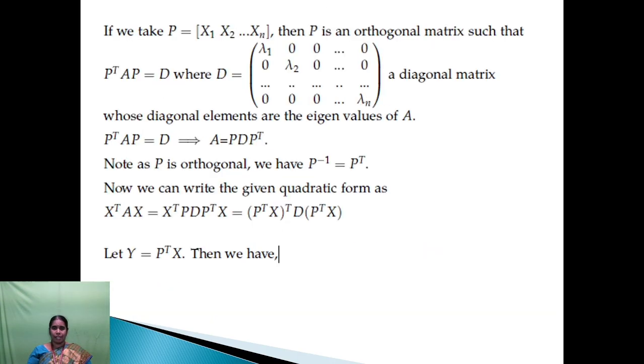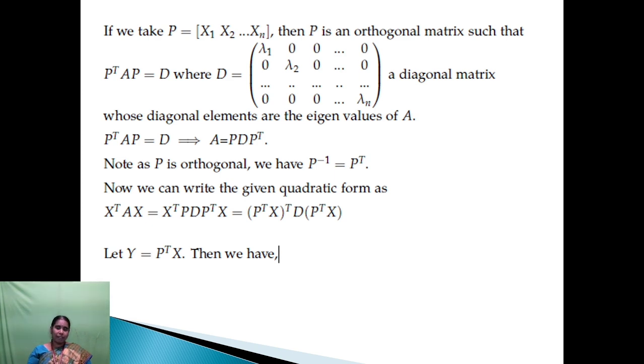We can find the diagonal matrix in this way: P transpose AP is equal to D, where D is the diagonal matrix with lambda 1, lambda 2, etc. on the diagonal and all other elements 0, whose diagonal elements take the values of the eigenvalues of A. Thus, P transpose AP equal to D implies A can be written as P D P transpose. Here, P is orthogonal, so we can take P inverse as P transpose.